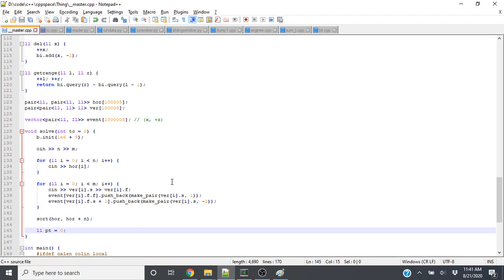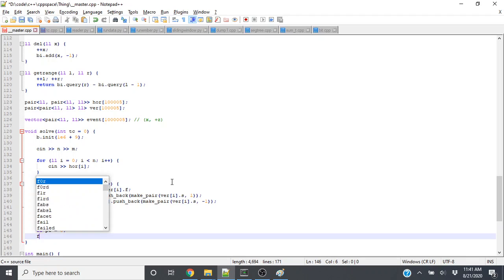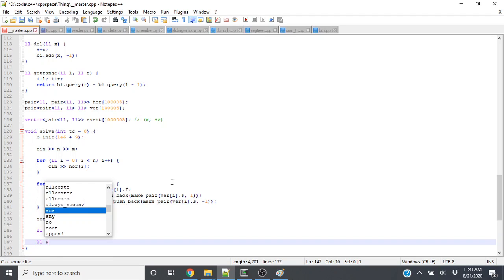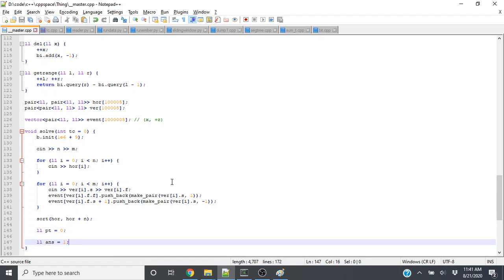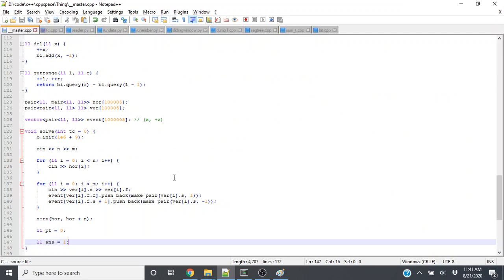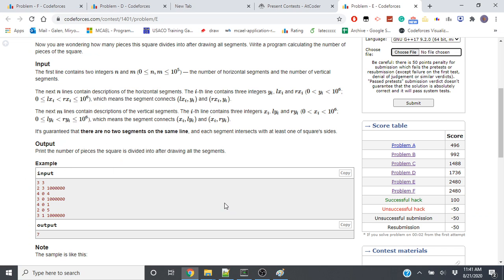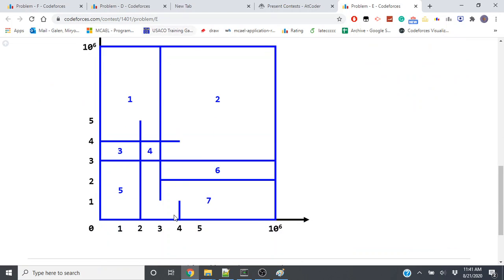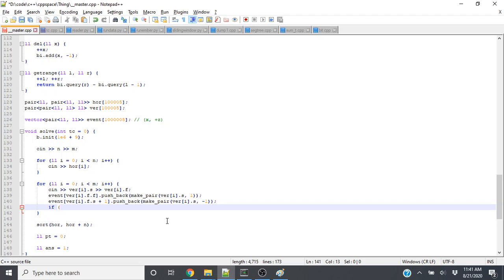Now, for, we start off with 1. So then we say if this vertical segment spans the whole square, then it's automatically going to cut into stuff. So we'll be happy there.